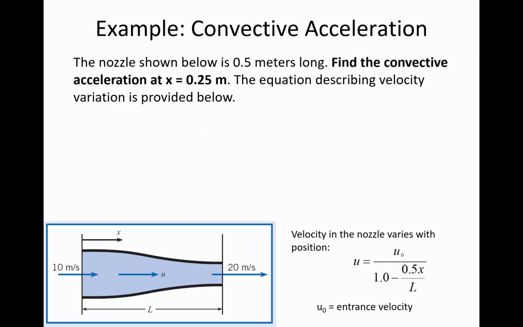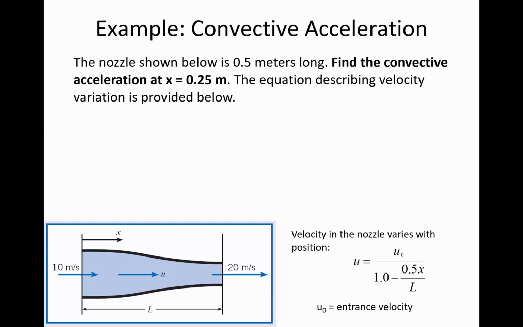We looked at a nozzle in class last time when we were talking about different flow types. And this nozzle is associated with non-uniform flow. Remember that the 3 different flow classification categories that we discussed in class on Tuesday were, first of all, laminar versus turbulent.